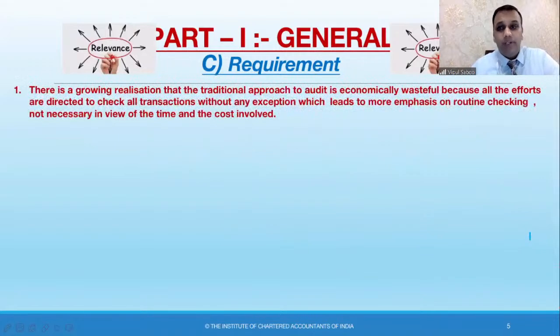So please read with me. It says there is a growing realization that the traditional approach to audit is economically wasteful. Why is it economically wasteful?